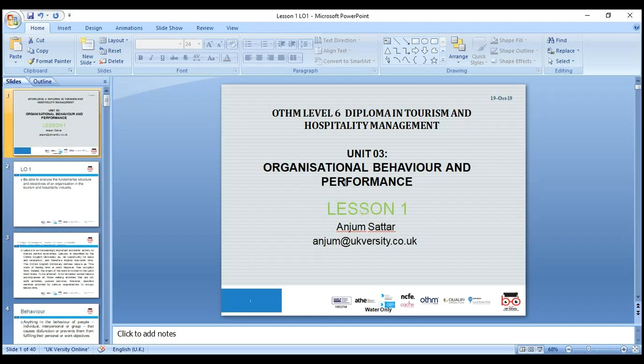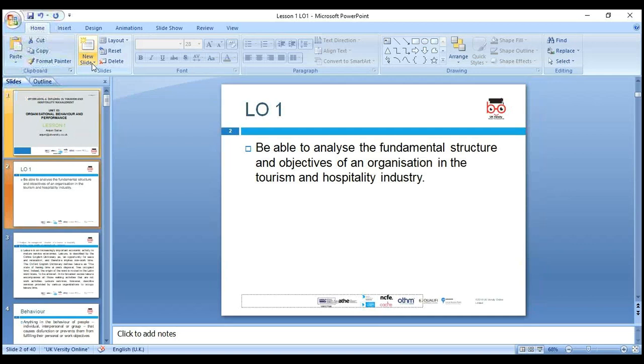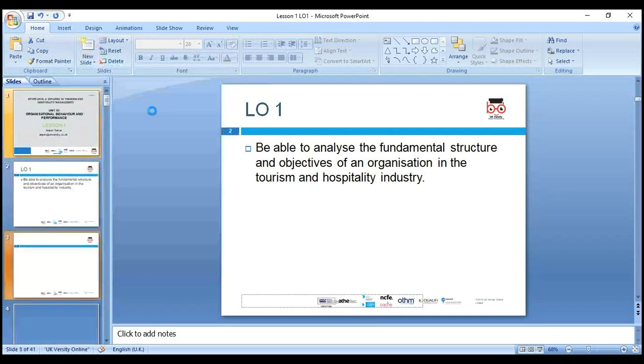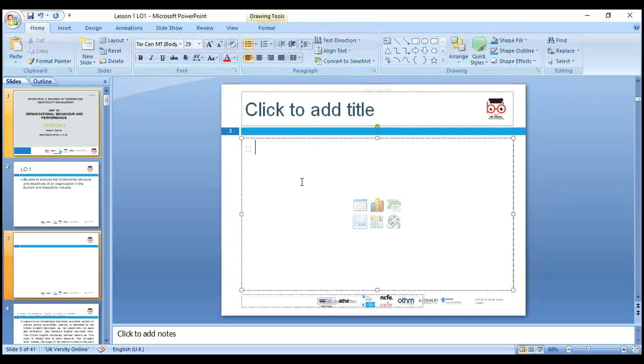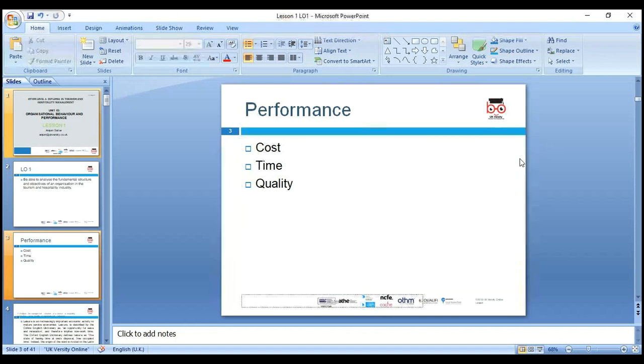So what do we know about organization performance? What comes to your mind, performance? How well a business can achieve its objectives, set out some sort of plan so that they can achieve a goal.